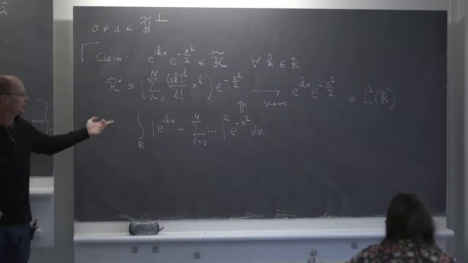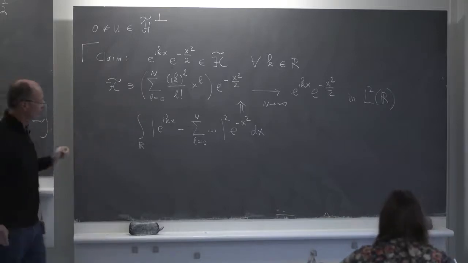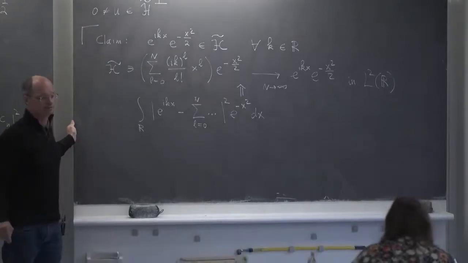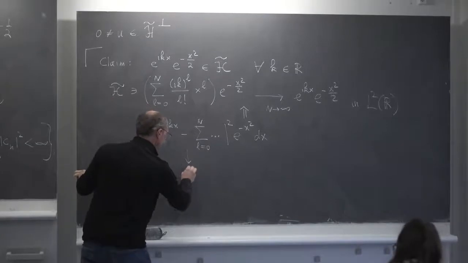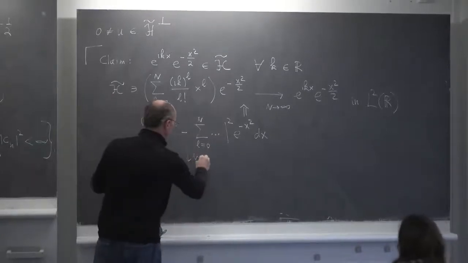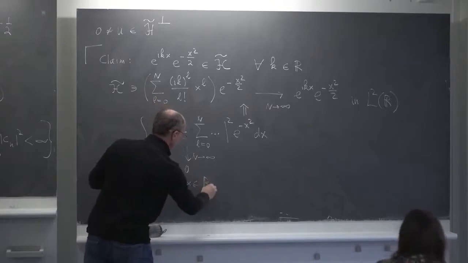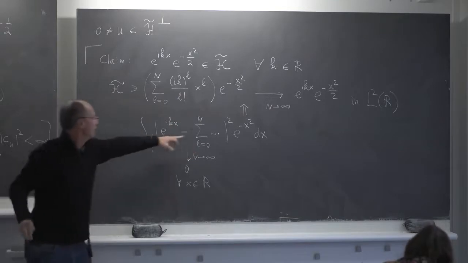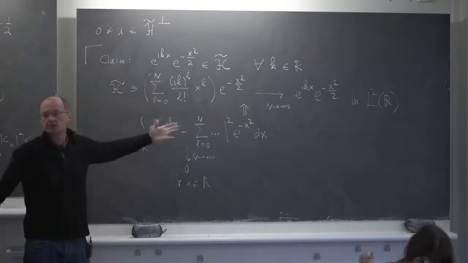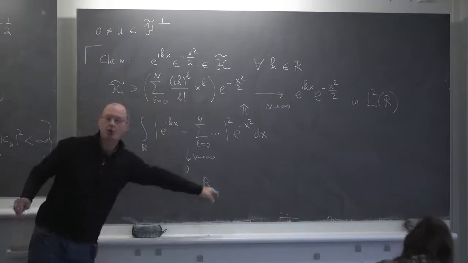We want to know that this guy converges to 0. So why does this guy converge to 0? That's because this converges to 0 pointwise, right? The exponential series, of course, converges to the value of the exponential everywhere. So it converges to 0 for all points x.